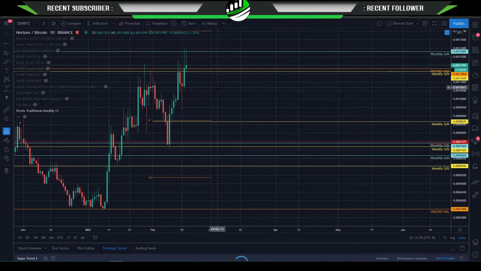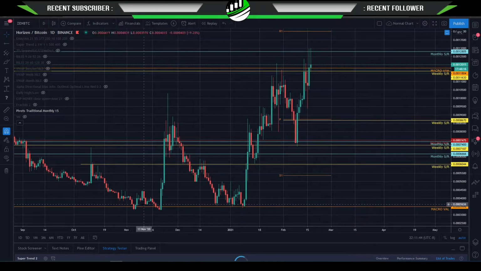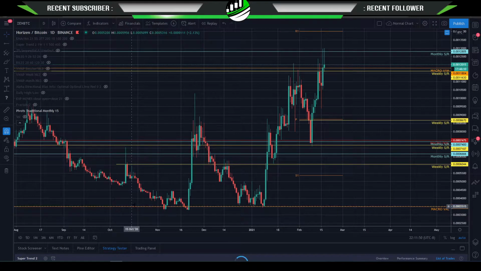So the Bitcoin pairing, this is a little bit different. You can see back here, all the way back in November and at the beginning of the year in January, against Bitcoin it was hanging out around here at your macro value area low.